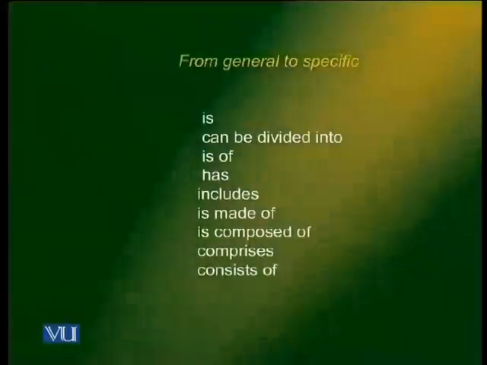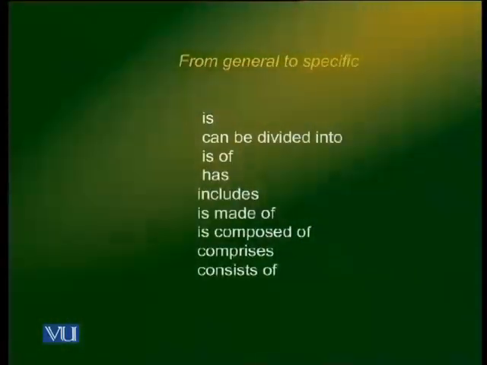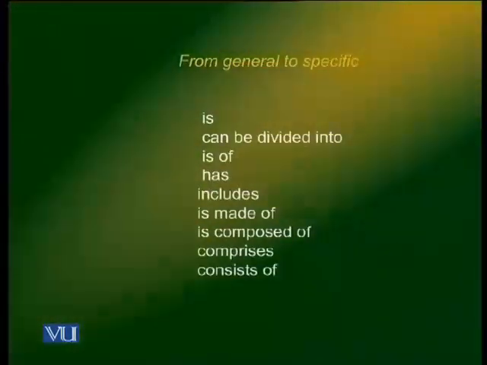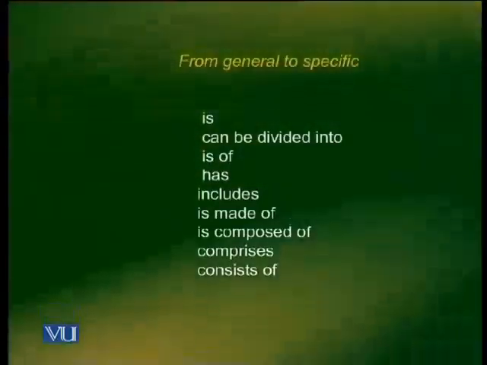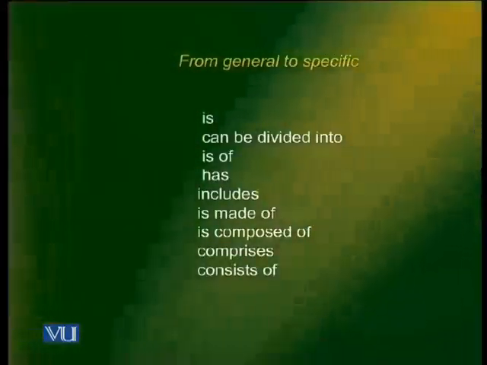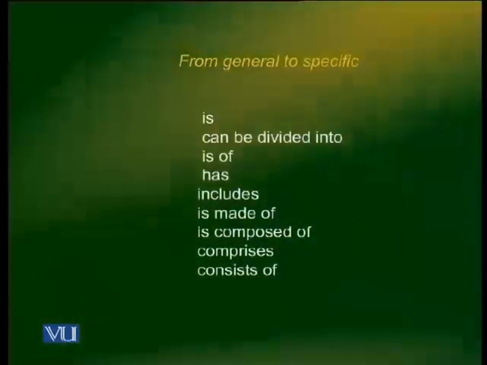Now, one way of doing this is by going from general to specific. There are several ways of expressing each of these relationships. You can focus on the large or high-level category and talk about its parts. That is, you can move from the general to the specific.